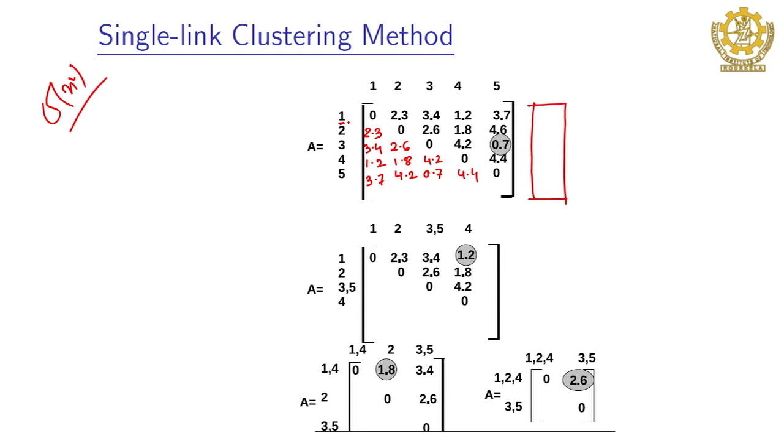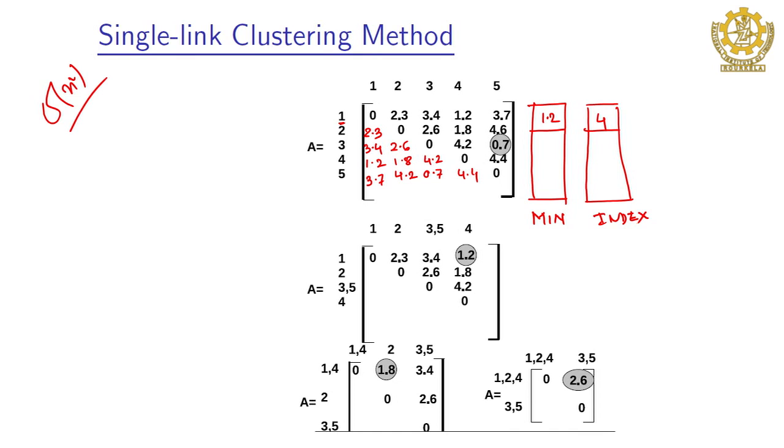The closest point to 1 is 4. Obviously, 1 to 1 you have to exclude. So 1 to 4 is the closest, right. So you write this value 1.2, and in another place you write which point is closest, the 4th point.